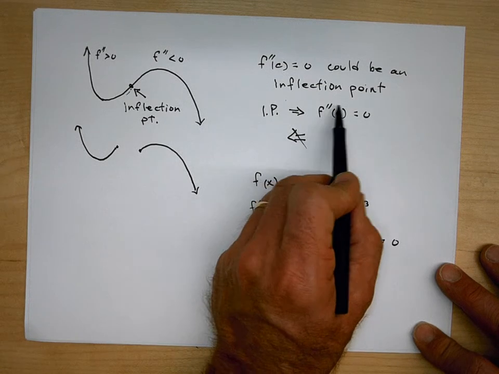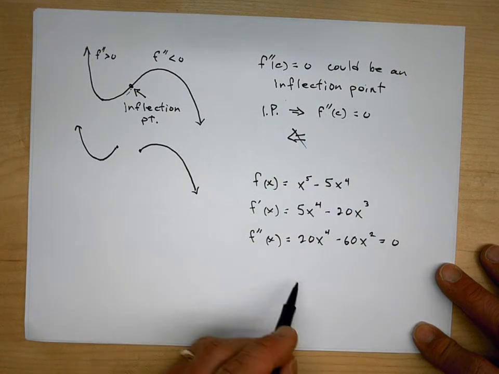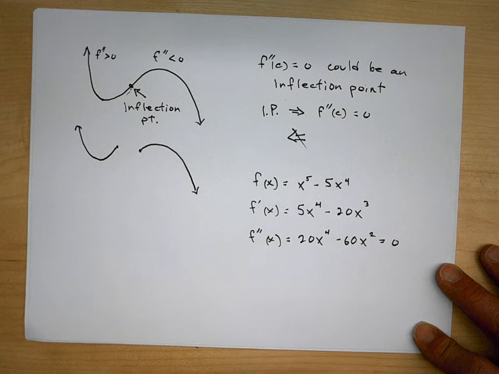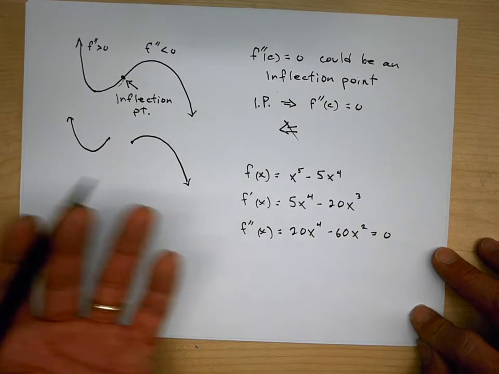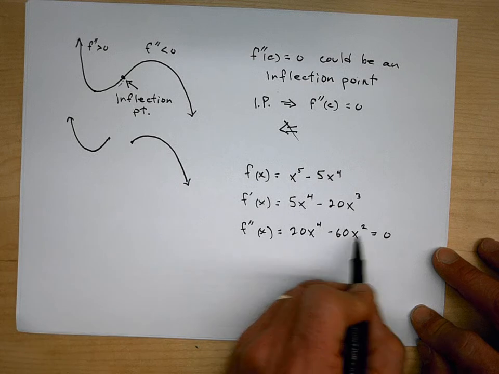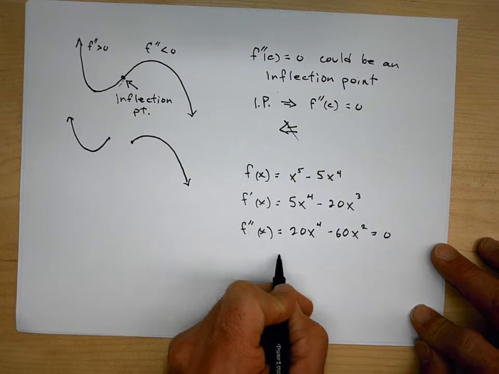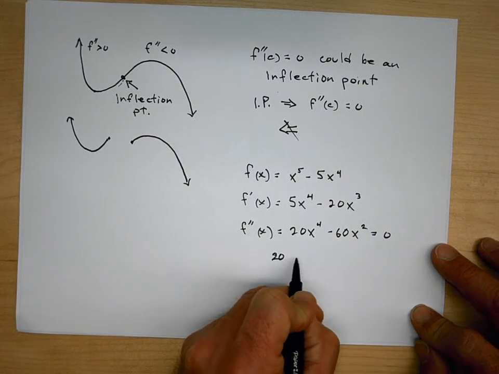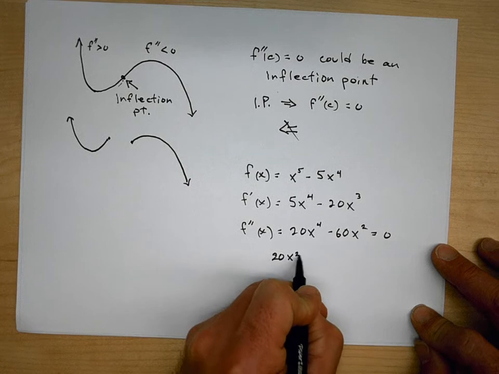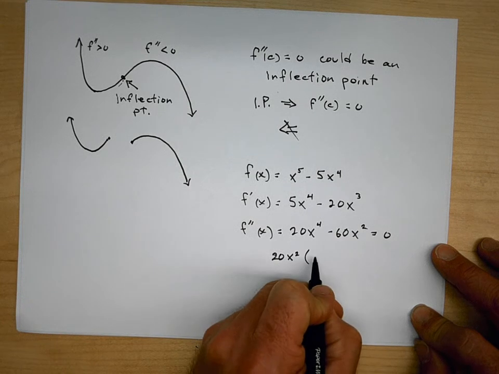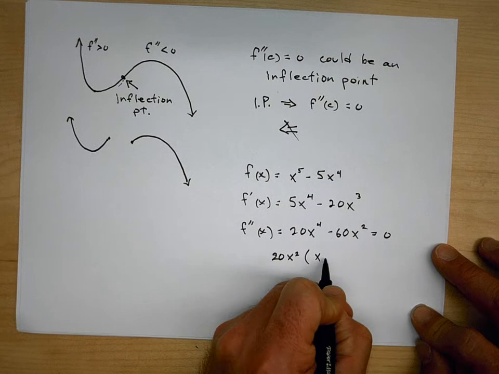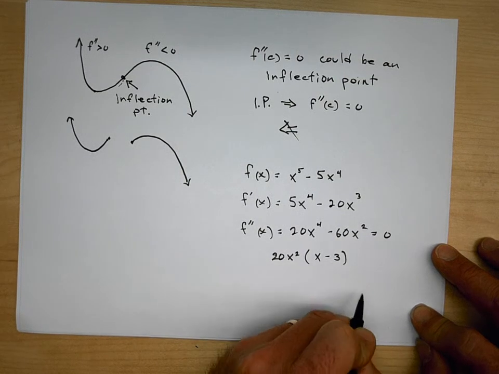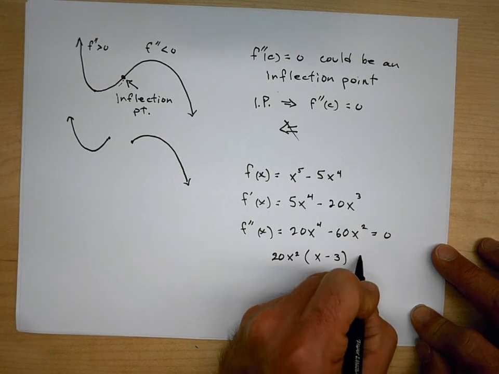Remember, a second derivative being 0 doesn't necessarily mean we have an inflection point, and actually this example is going to show that precisely. But we need to have an idea where to look for them. So we set it equal to 0. I can factor out 20x squared here, and I end up with just x minus 3 left, equals 0.